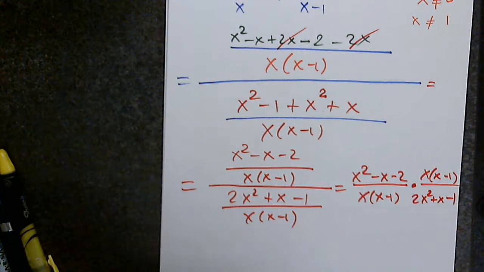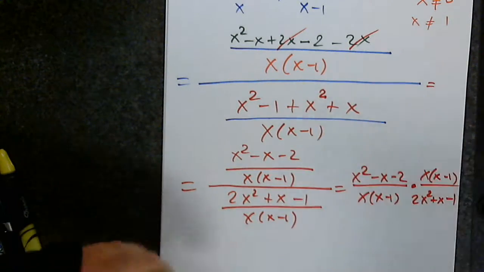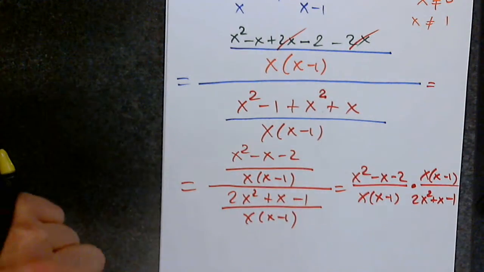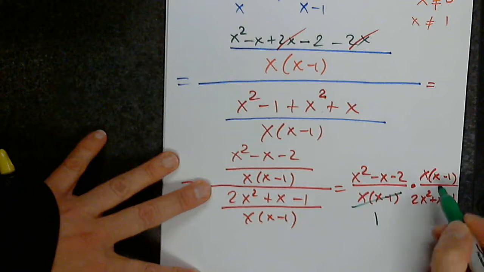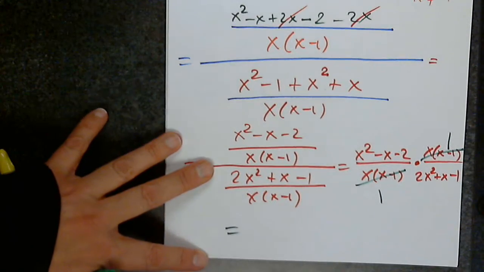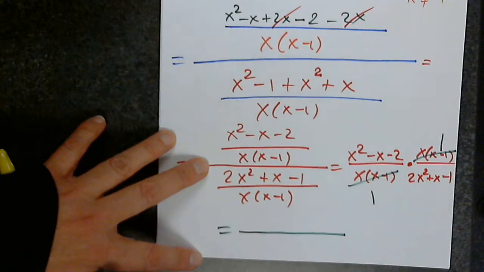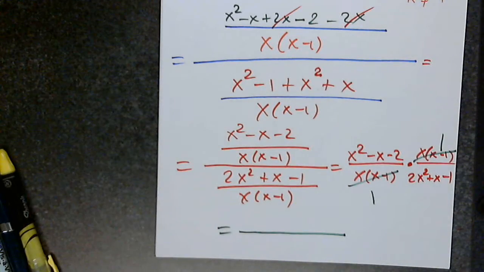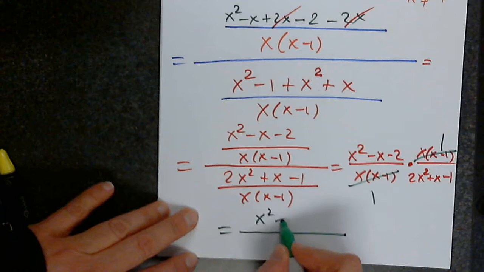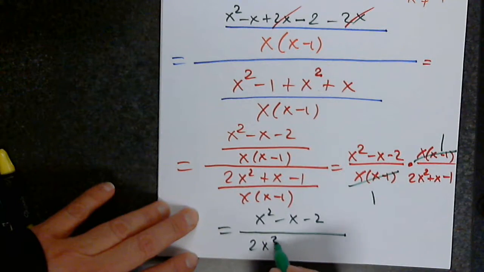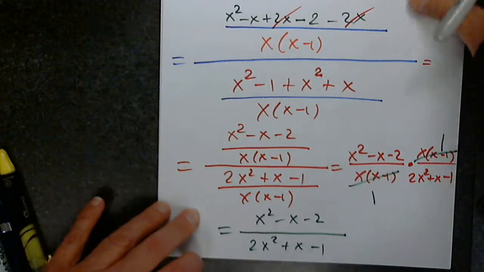And right away I realize, already I stated restrictions, that I can get rid of it. Please write 1 so you don't forget that something is there. Now I'm going to write x squared minus x minus 2 over 2x squared plus x minus 1.